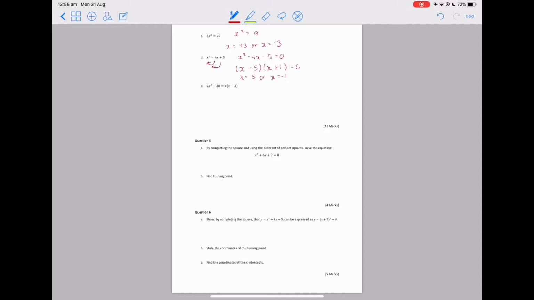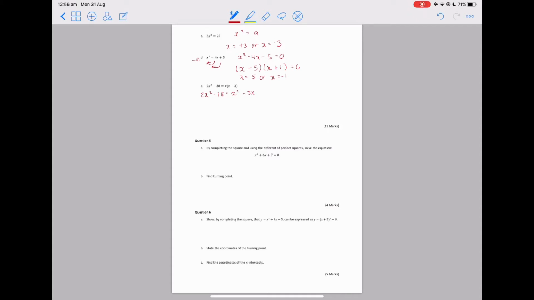And for the very last one over here, which is worth a bit more marks than the other questions, what you need to do is similarly like question D, move everything to the same side for you to actually factorize it using the product sum method. But in this case, this involves a bit more steps because you got to expand it and then collect like terms before that. So I'm just going to expand everything on the right hand side. So it'll be x squared minus 3x. Move everything on the right hand side to the left hand side.